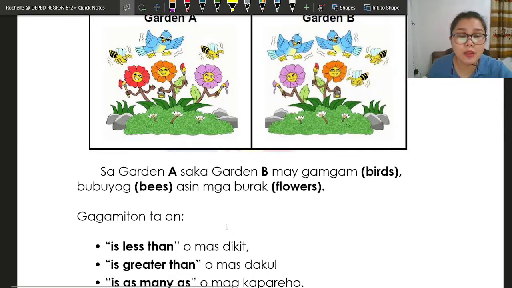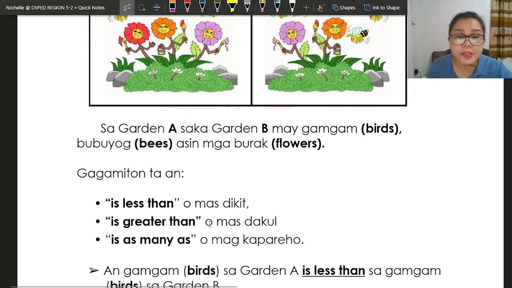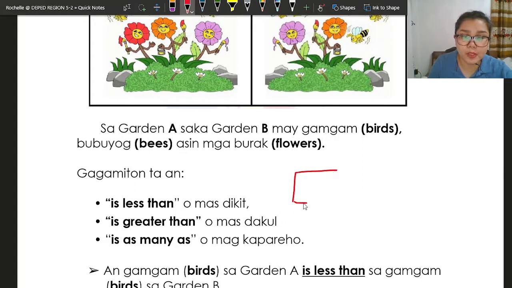Three terms that we use in math. Written there are: is less than, is greater than, is as many as. So, what do you mean by less than? Example, there are two objects or two sets being compared.